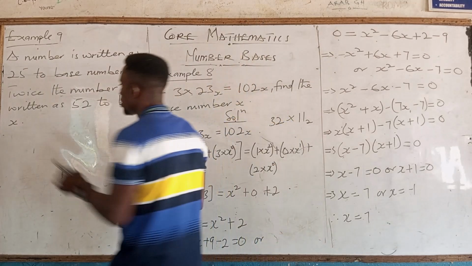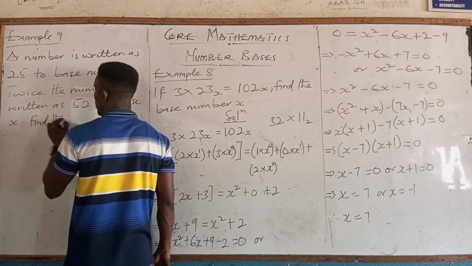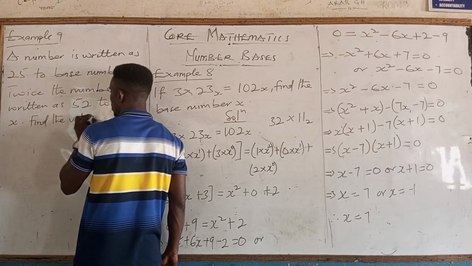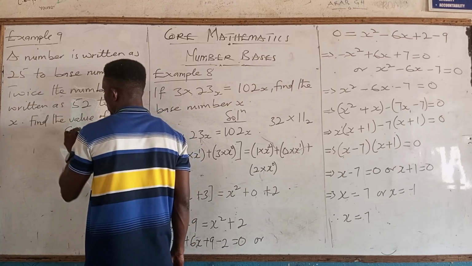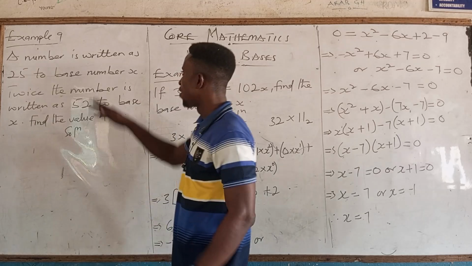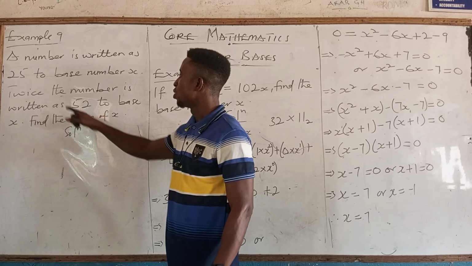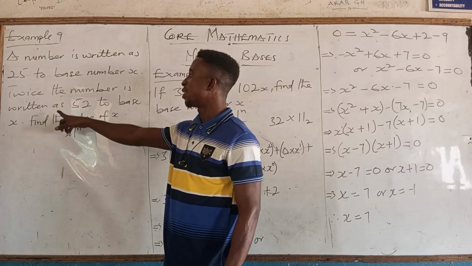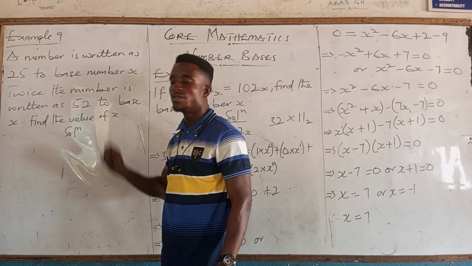Find the value of x. So, a number is written as 2, 5 to base number x. Twice the number is written as 5 to base x. Find the value of the number.